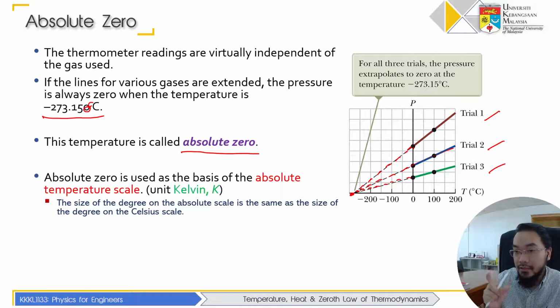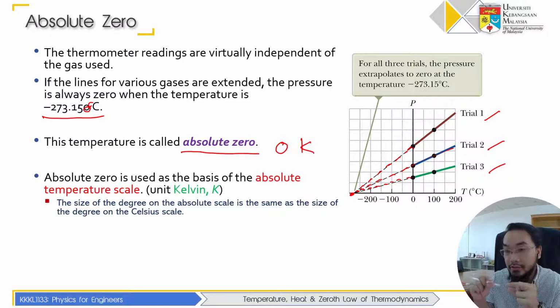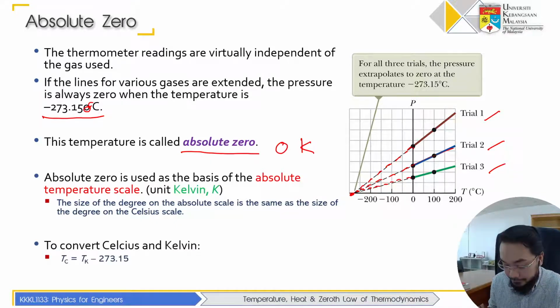It's an ideal value, absolute zero, which is 0 Kelvin. Absolute zero is used as the basis of the absolute temperature scale, which is Kelvin. Kelvin is the SI unit, the standard unit when you want to do thermodynamic analysis most of the time. The only good thing about Kelvin is that it has the same scale measurement as Celsius.